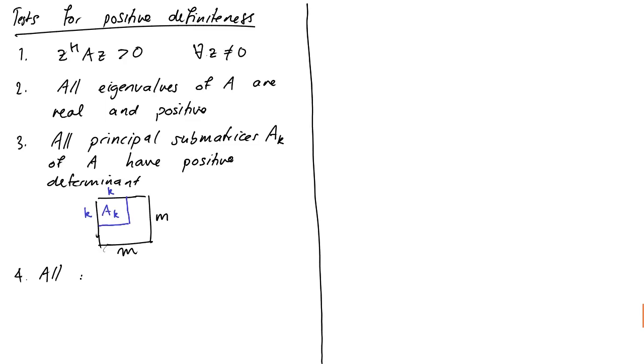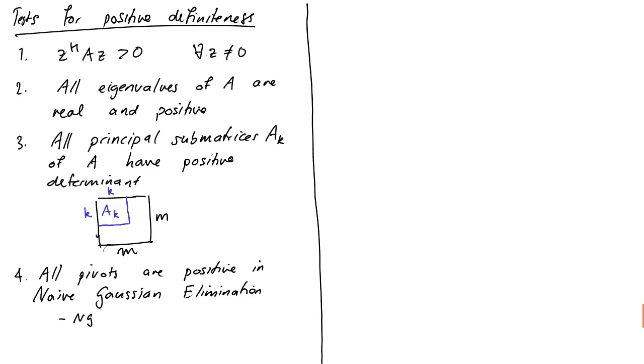All pivots are positive in naive Gaussian elimination. Just what that means, naive Gaussian elimination, is no row swaps or scalar multipliers.